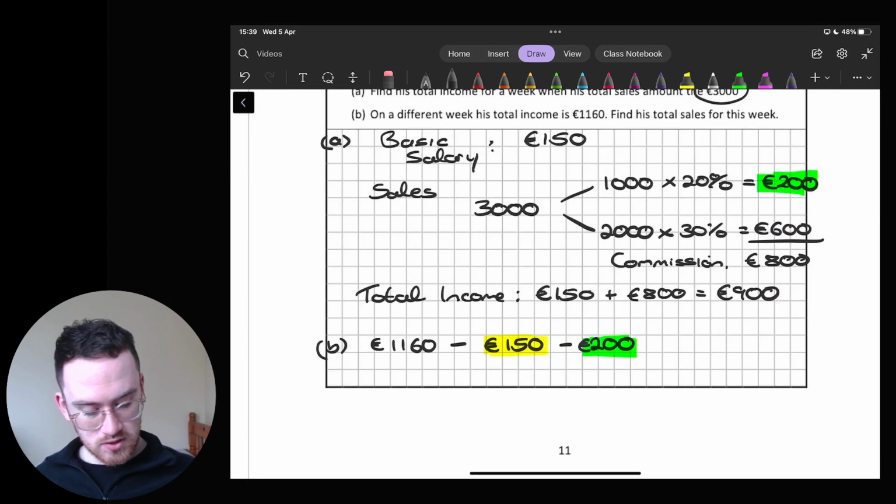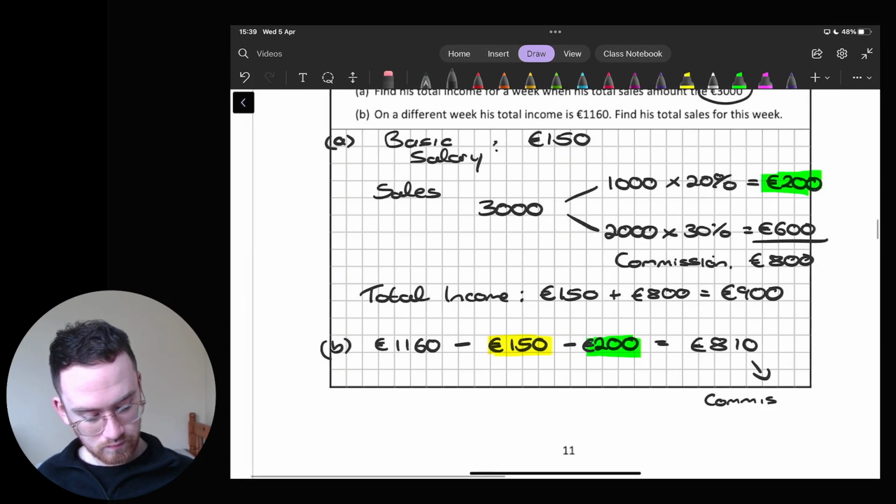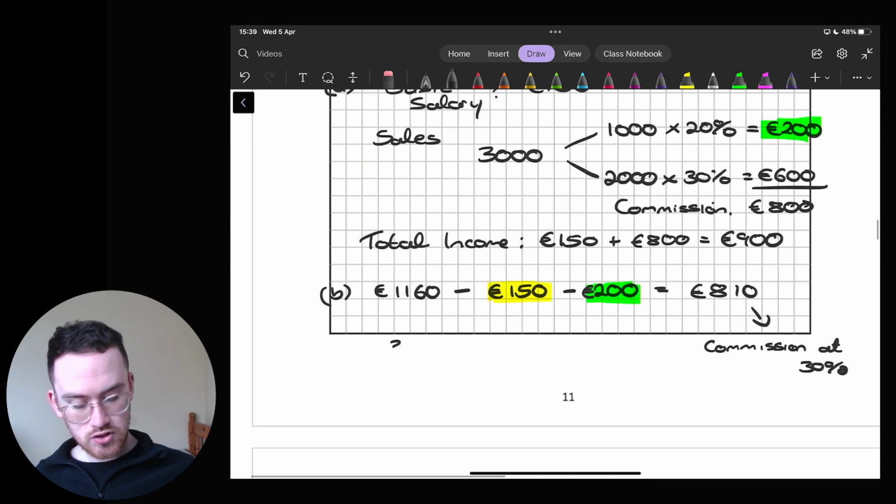So taking those away from the value that we have here, we get €810. And that has to represent the commission that he got at 30%. So what that means is that 30% of these sales would be €810.